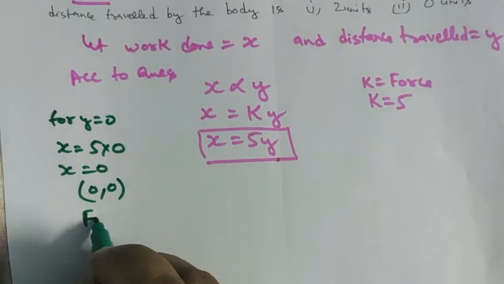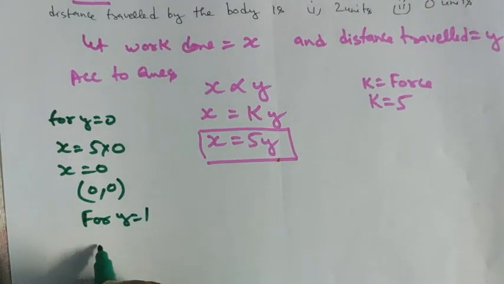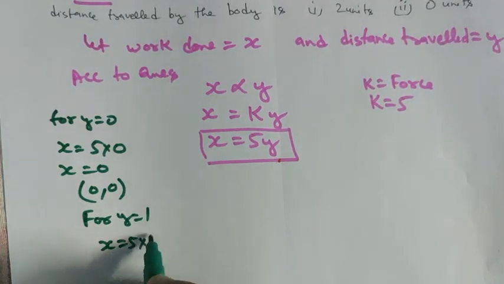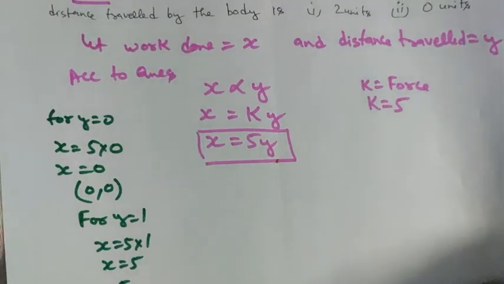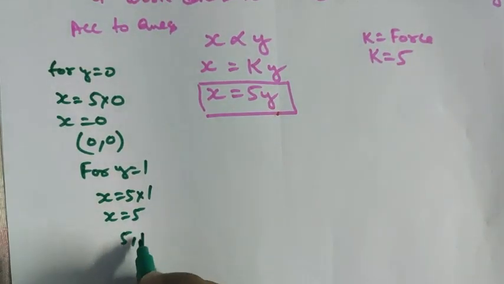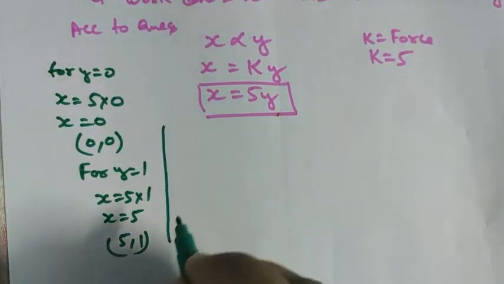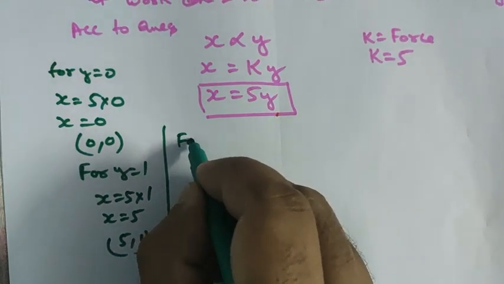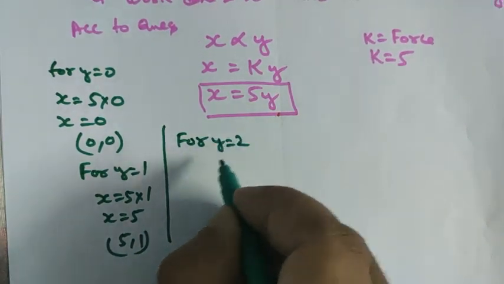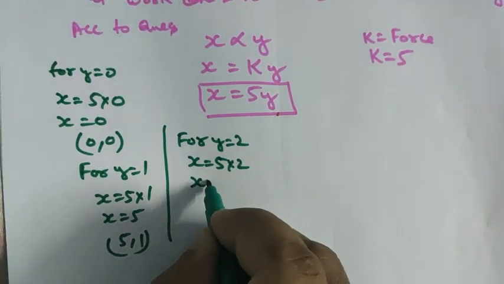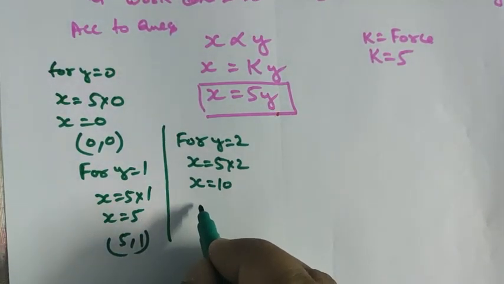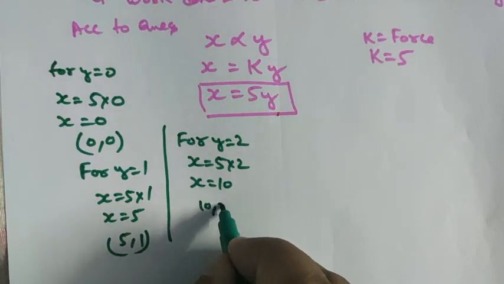Similarly for y equals 1, x equals 5 into 1, so x equals 5. The second coordinate is 5 comma 1. For y equals 2, x equals 5 into 2, x equals 10. The third coordinate is 10 comma 2.